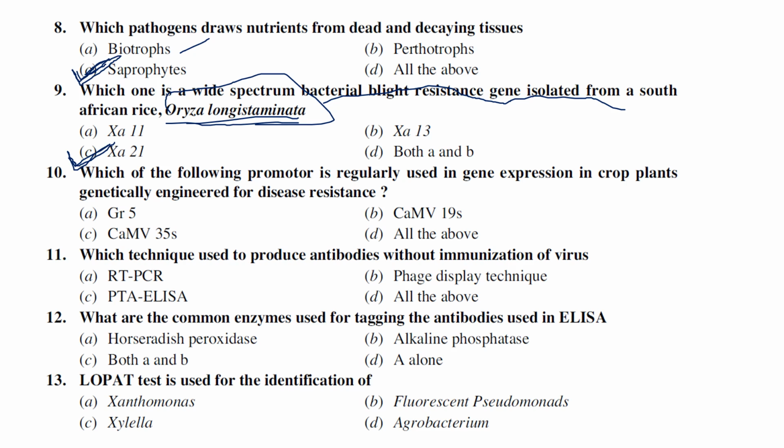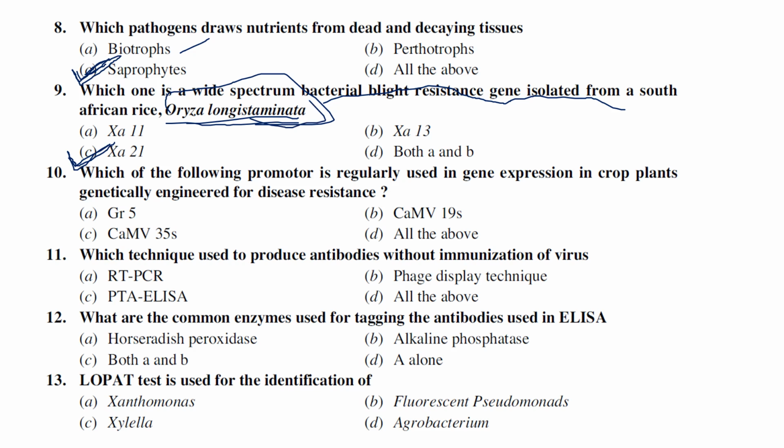Bacterial leaf streak is caused by Xanthomonas oryzae pv. oryzicola. So what they have asked is: the plant bacterial resistance gene Xa21 was isolated from which of the following rice species? Oryza sativa, Oryza glaberrima, Oryza longistaminata, and so on.